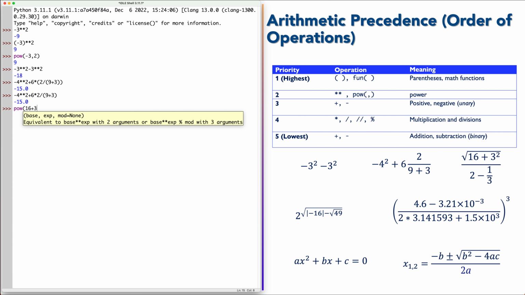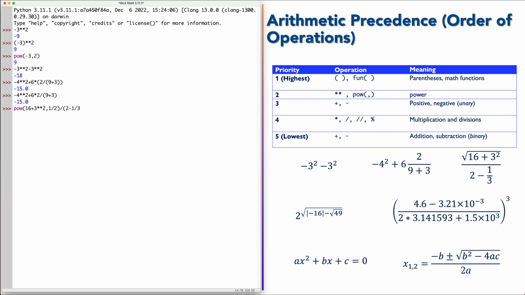We can use the power function, or instead we can use the double stars, and the square root is 0.5, or 1/2. The same. Over, again, we need to open parentheses: 2 minus 1/3, and we close the parentheses.